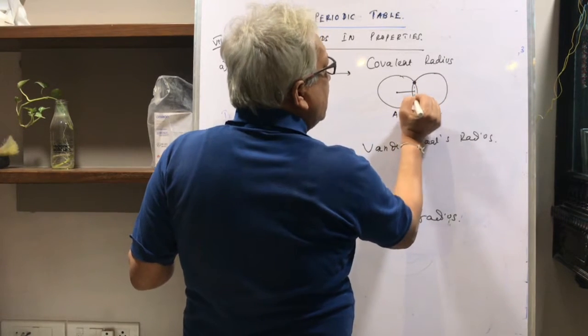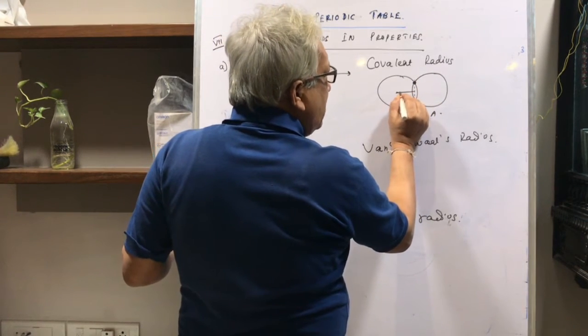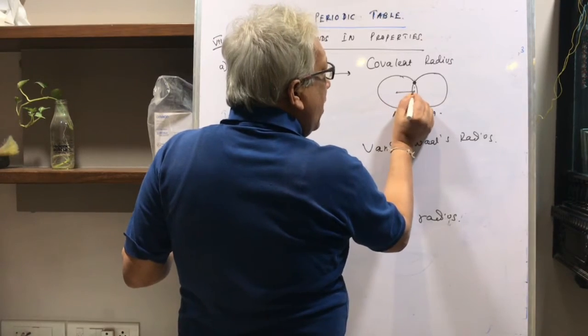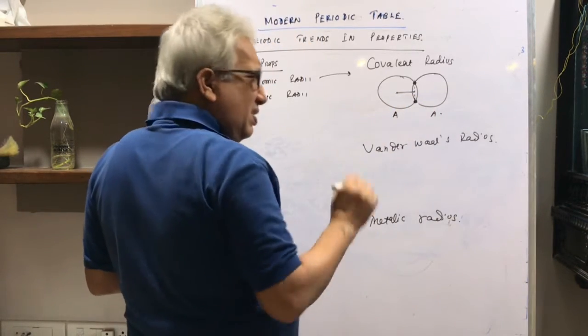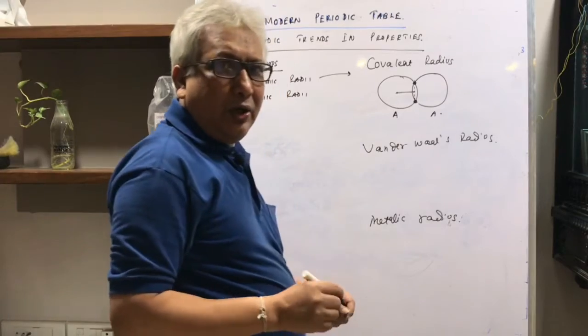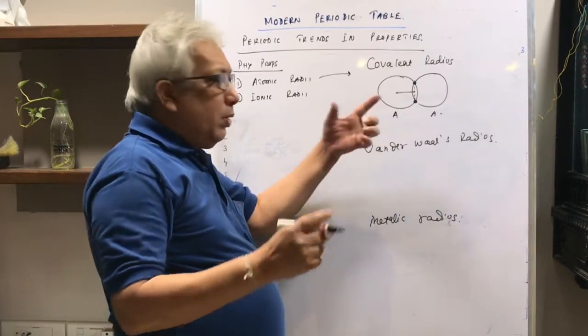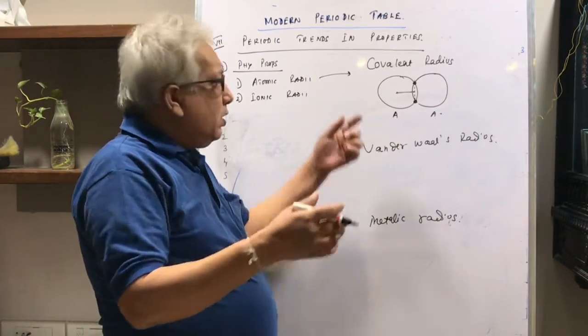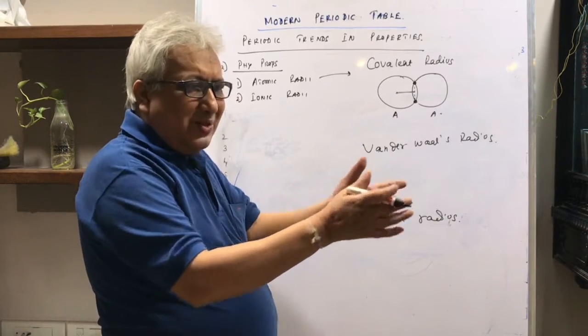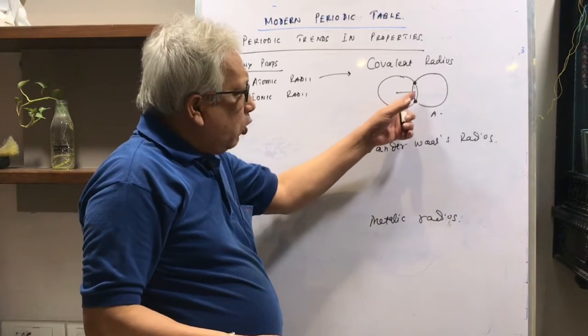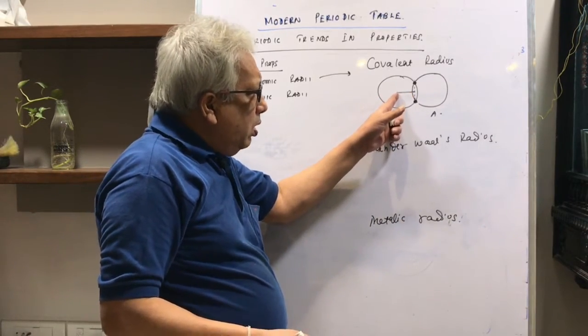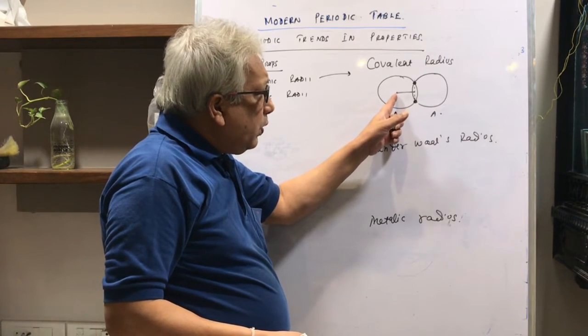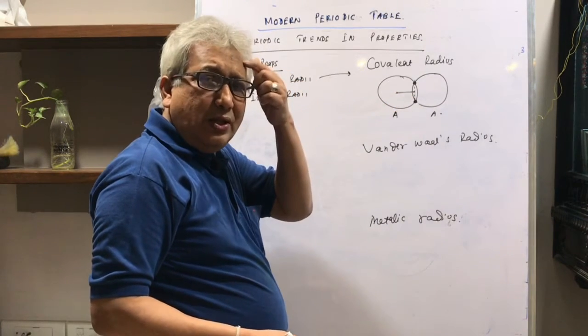This is the distance that is taken, and that means in case of covalent radius, the radius that we ultimately measure is slightly smaller than the actual atomic radius, and there is no other way because they are already bonded, and so you can't separate them and find out. So it is in this way the distance is measured.